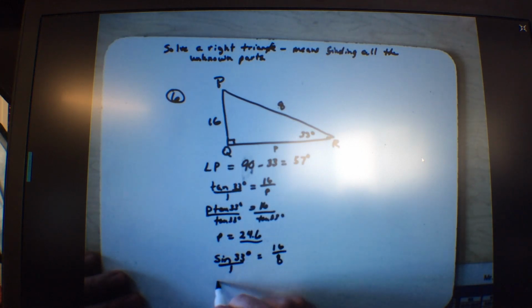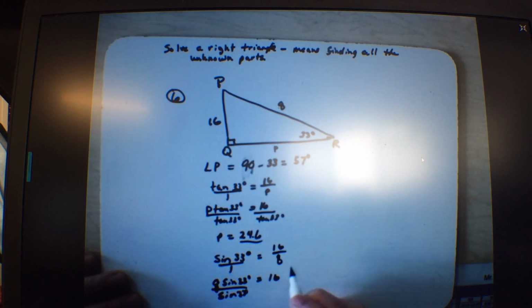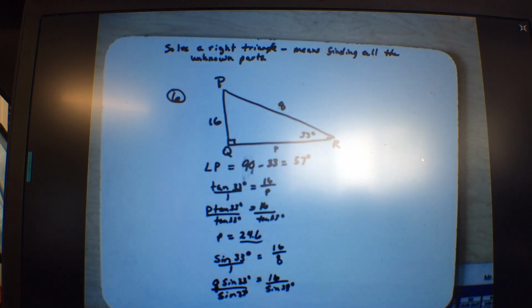So once again I cross multiply and I have Q times the sine of 33 degrees equals 16. So I divide 16 by the sine of 33 degrees. Now, does anybody go, well, we just did that, right? No, we didn't, because we did tangent. So that's different.